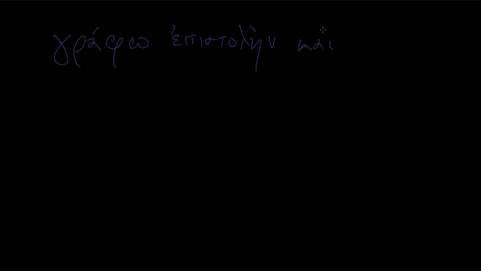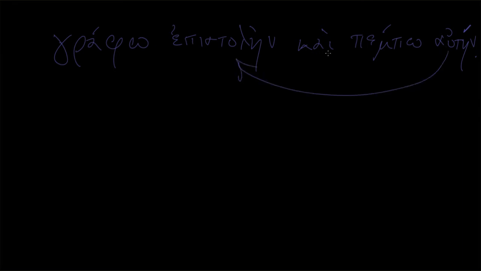and I am sending it, pempō, and then just sending it, autēn, not sending it to her, but sending it. So in this case, this autēn is referring back to this epistolēn, but note that it's later in the sentence, it's not right immediately following the letter. It's not tēn epistolēn autēn. It's I am writing a letter and I am sending it.